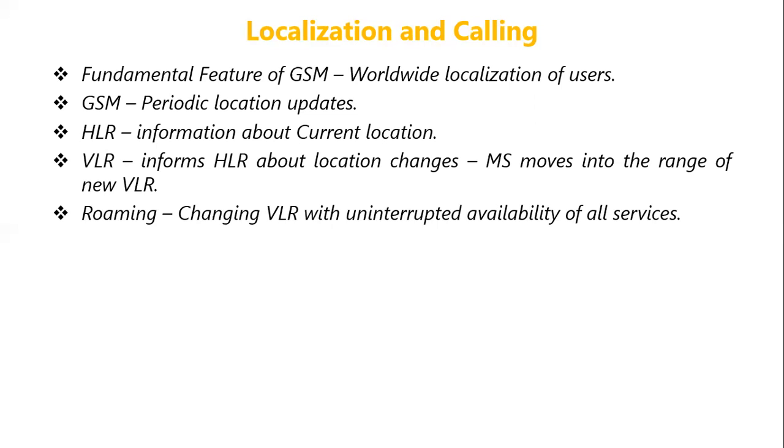So this is how roaming is defined. Roaming is defined as changing the VLR with uninterrupted availability of all services. Changing the VLR means the mobile station is moving from one VLR to another VLR, but in spite of that, the mobile station is enjoying all the services without any interruption. That is called roaming.